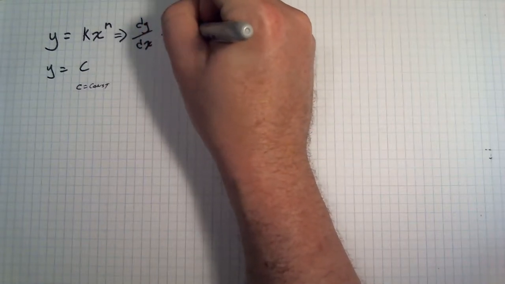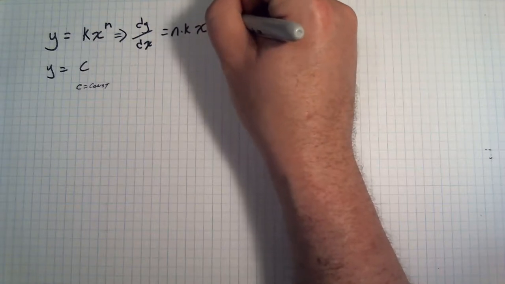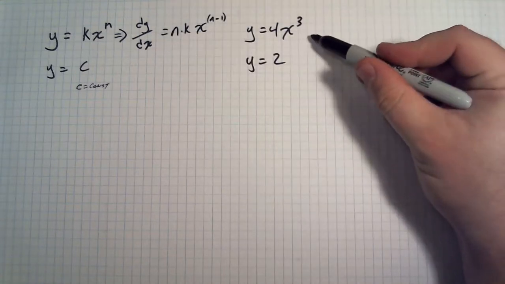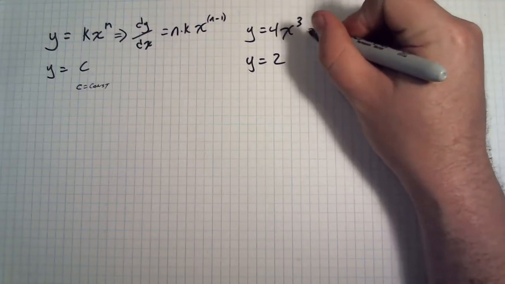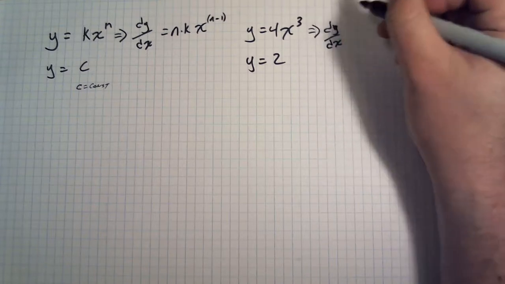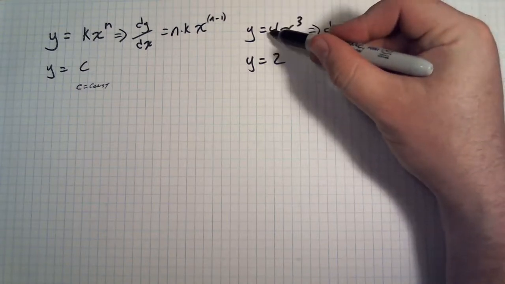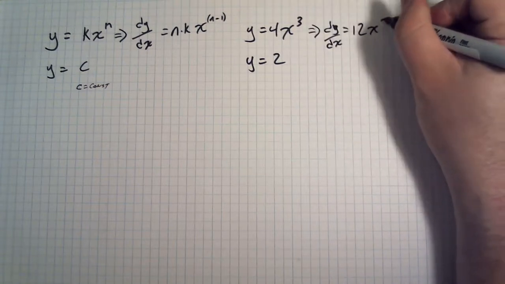So n times k, x to the power of n minus 1. So with my example here, what I would wind up getting is my dy by dx is equal to, I'm going to bring the 3 down, 3 times 4 is 12, 12x squared.